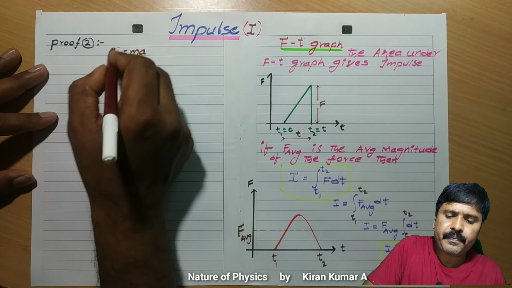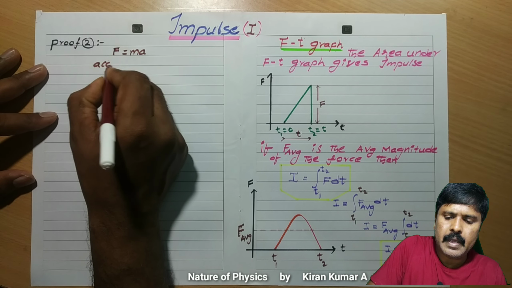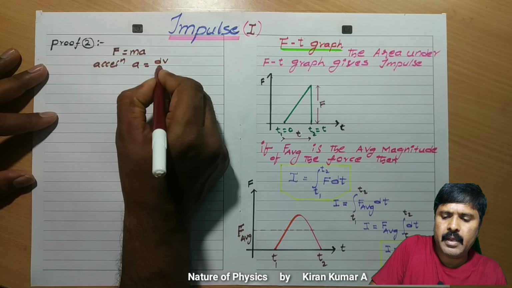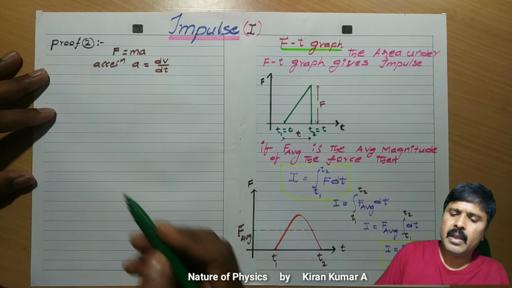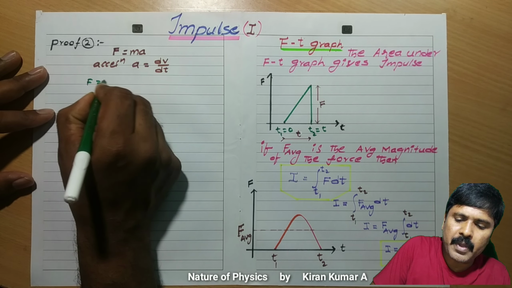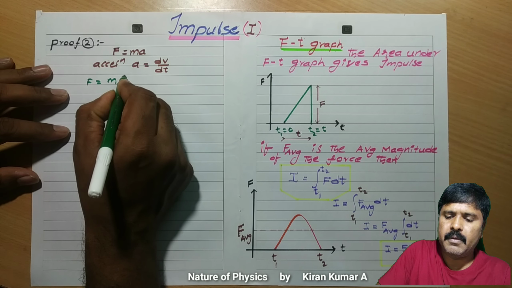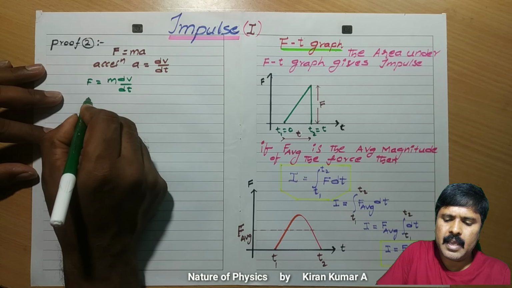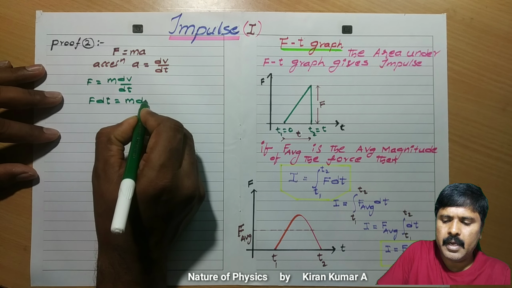In this I can write acceleration a is equal to dv by dt, student. And continuing here, F is equal to m into dv by dt, and cross multiplication gives F into dt is equal to m into dv, student.